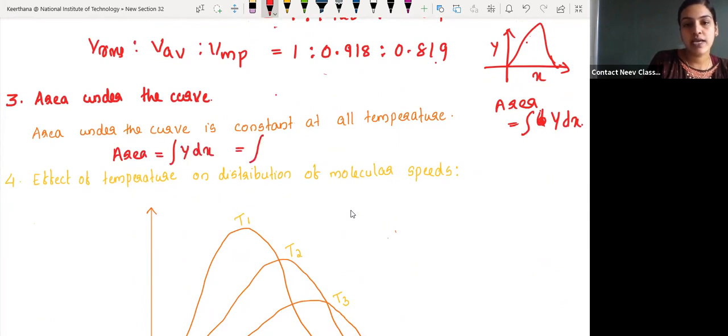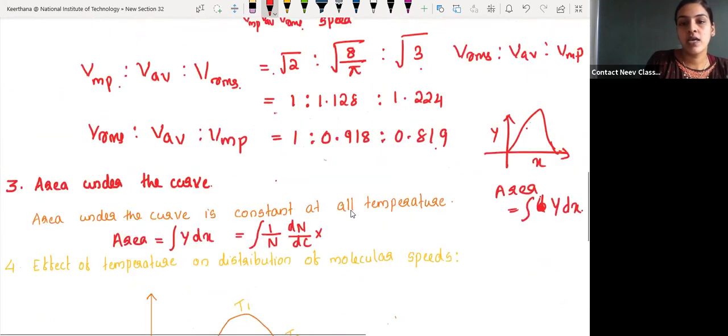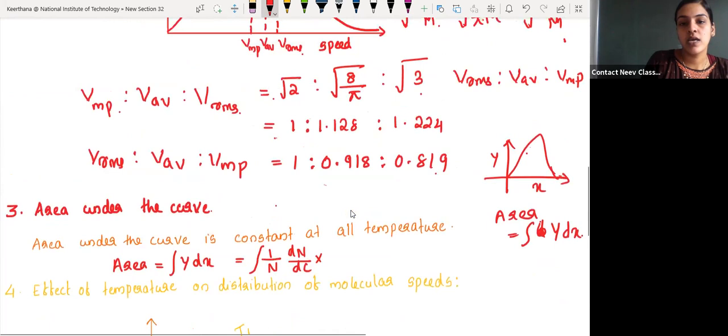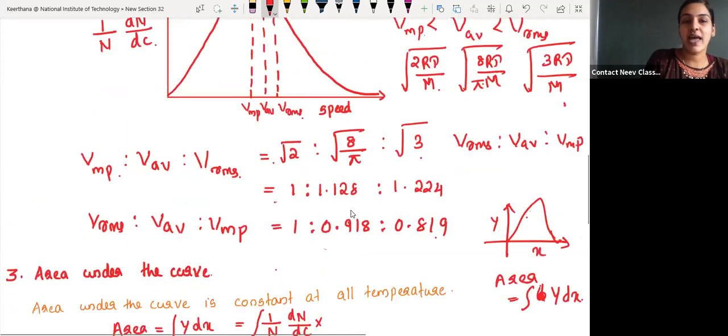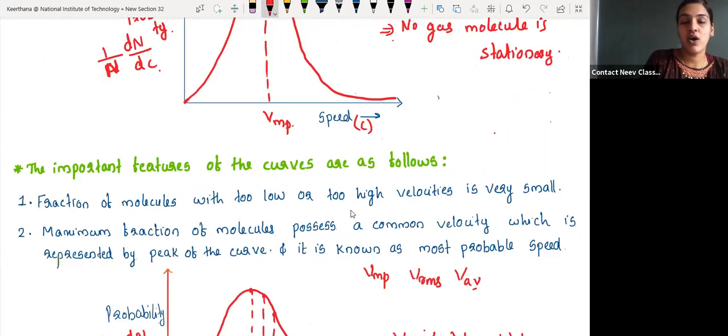So it is integral 1 by n dn by dc into d of speed, which is c. Okay, this actually you can write CMP or VMP, that doesn't matter.